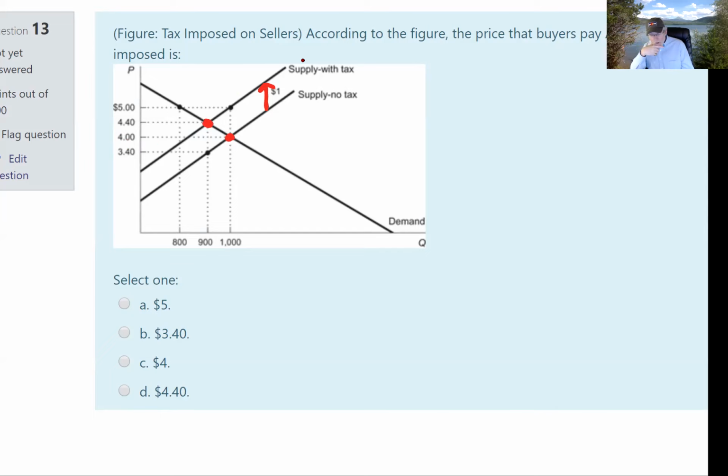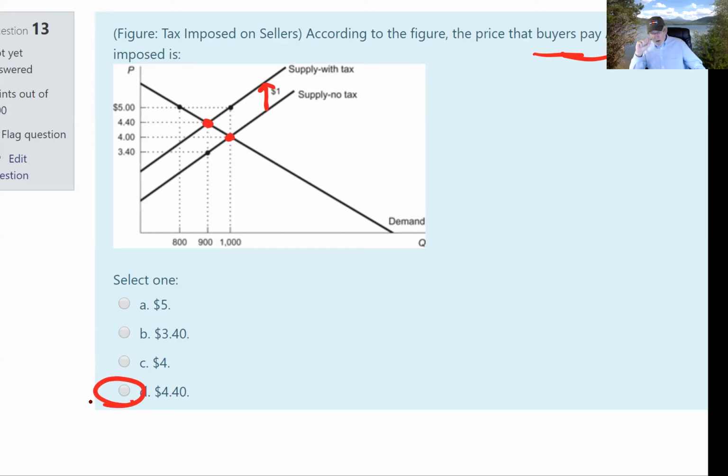So what do we want to know? There are different ways a question like this could be worded, so think about it carefully. According to the figure, the price that buyers pay after the tax is imposed. Buyers are going to pay $4.40. So that is going to be the correct answer.